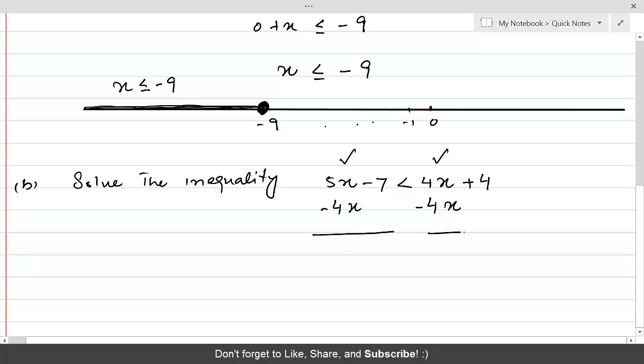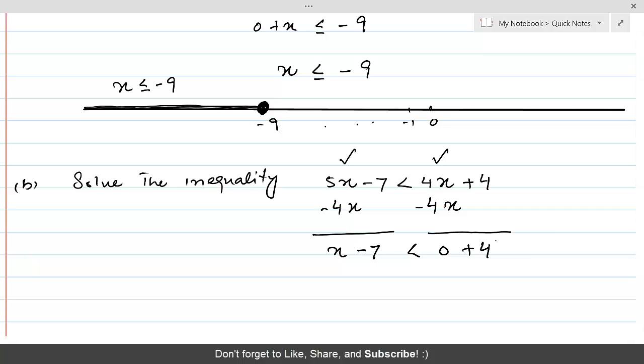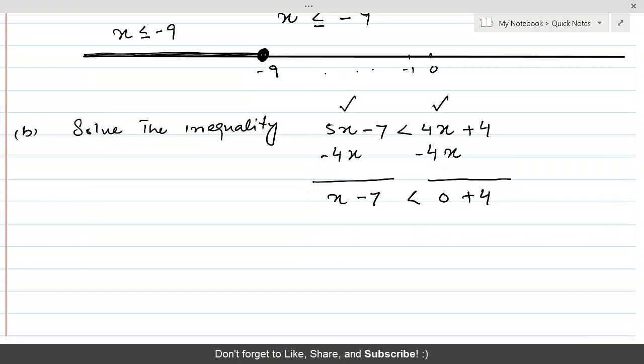So left side and right side will become 5x minus 4x will become x, and then minus 7 less than or equal to 0 plus 4. Here, like we said in the rules, adding any positive or negative number doesn't change the inequality at all. Therefore, the inequality still will be the same.